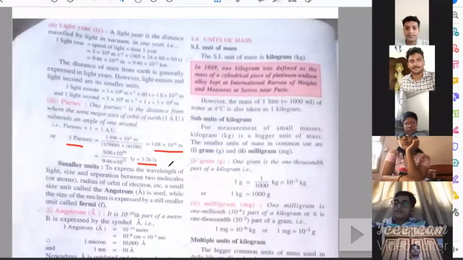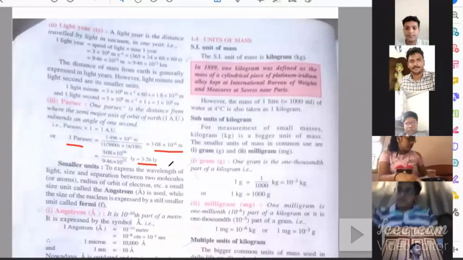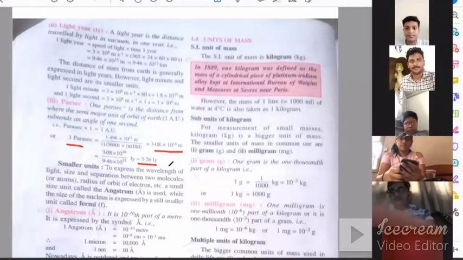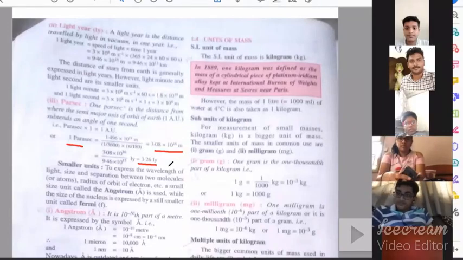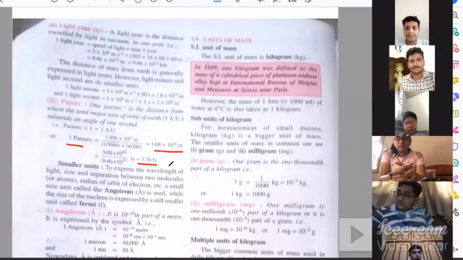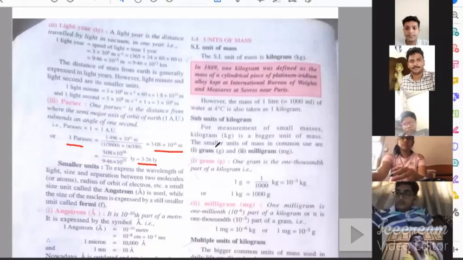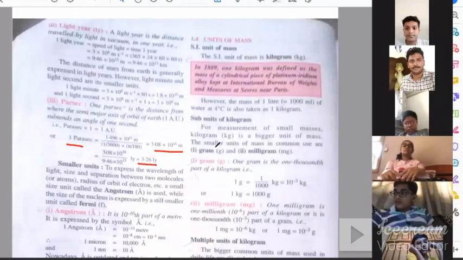Many people will get confused about this because they are not able to understand the numbers. Here, 1 parsec is 3.26 light years, so parsec is bigger than light year. Like I'm saying 1 meter is equal to 100 centimeters, so meter is bigger than centimeter. In the same way, 1 parsec is 3.26 light years, which means parsec is bigger than light year.